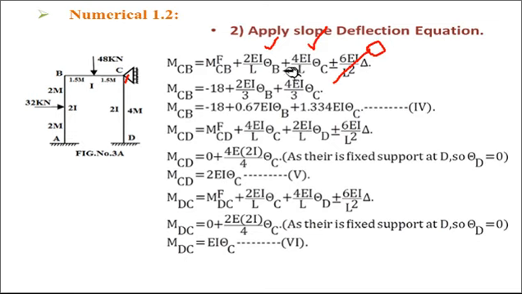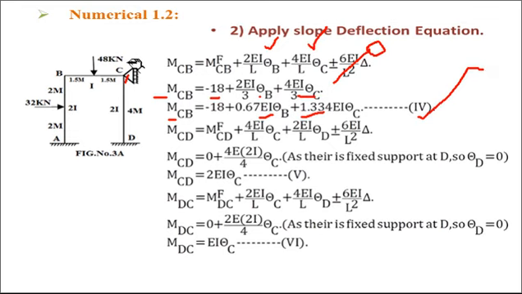So delta will be 0. By putting the values, MCB is equal to minus 18, the fixed end moment at CB, plus 2EI divided by 3 theta B plus 4EI by 3 into theta C. By simplifying, MCB is equal to minus 18 plus 0.67EI theta B plus 1.334EI theta C. So this is equation number 4.